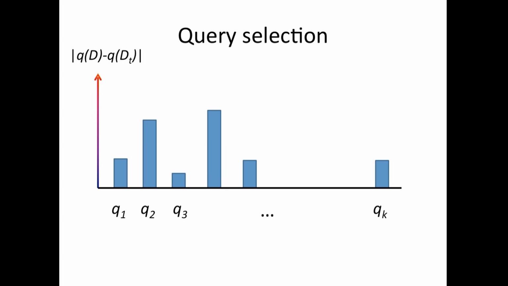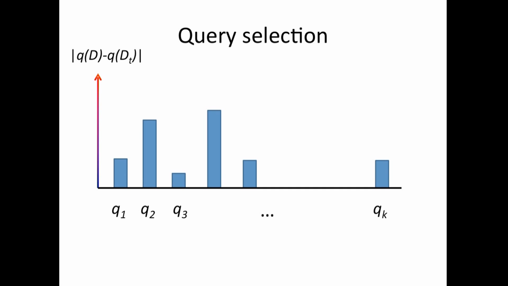So how can we use Laplacian noise to make our algorithm privacy preserving? Let's look at the query selection step. How would you select a query that is bad and satisfies differential privacy? You can look at the following plot. You write out all your queries, let's say there are k of them, and you plot the violation that they have: the difference between the query on the true data set and the query on your approximate data set.